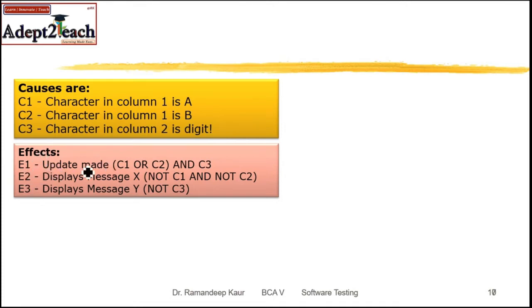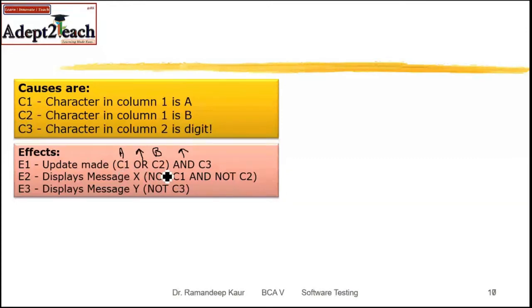E1 is update made. When will this update be made? When either C1 or C2 is correct. That means either we have A in column 1 or we have B in column 1, and we have C3. I'm intentionally putting this operator here so it will become easy for me to make the graph. So I have written here that either C1 or C2 in column 1 should be there. That means from here, causes: either the C1 cause will be true or the C2 cause will be true.